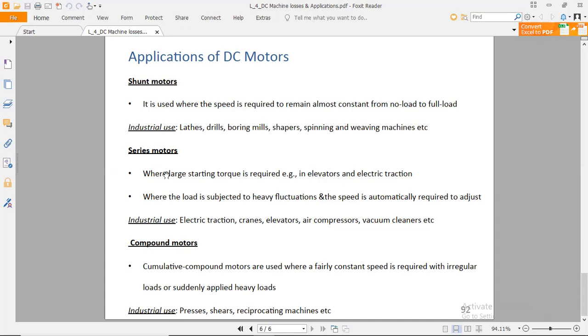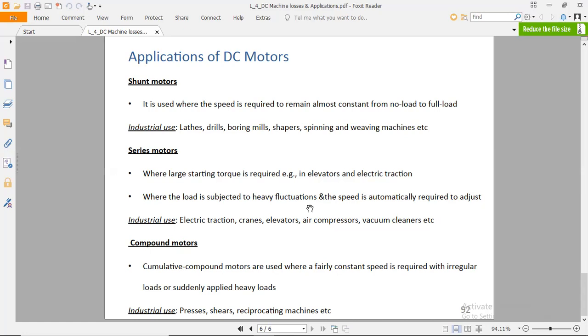Series motors are used where large starting torque is required, for example in elevators and electric traction systems. The series motor is used where the load is subjected to heavy fluctuations. Fluctuations mean the load can be very high or very low, so we call that heavy fluctuation with respect to the load, and the speed is automatically required to adjust.